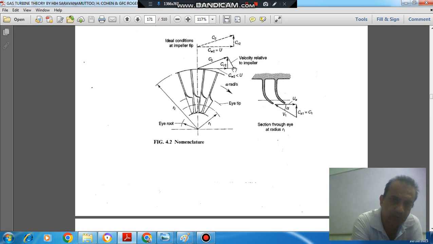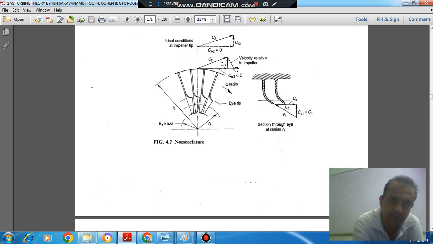If there is no loss, then U will be equal to CW2. That is the ideal condition. This is the radial component of the air velocity, and this is the whirl component imparted by the impeller. This will be the absolute velocity of air C2. CR2 is the radial component, CW2 is the whirl component, and U is the speed of the impeller at the outer radius, or impeller tip.